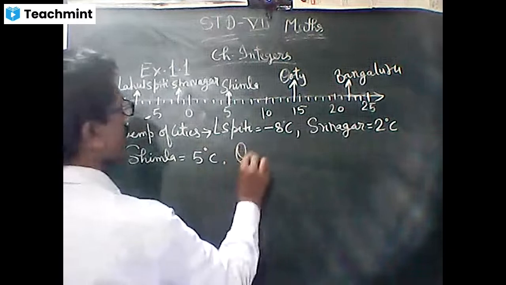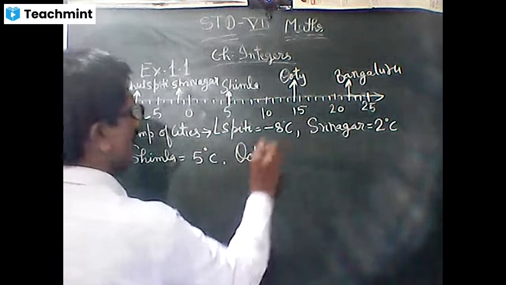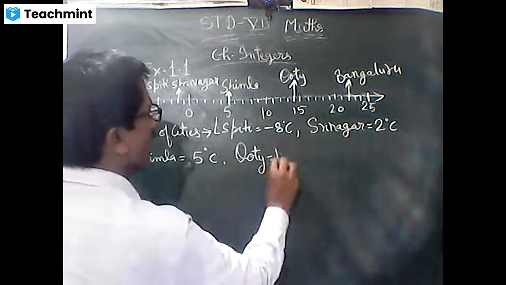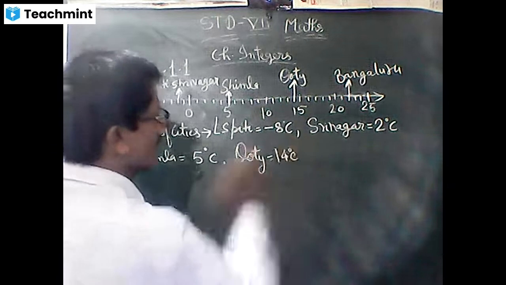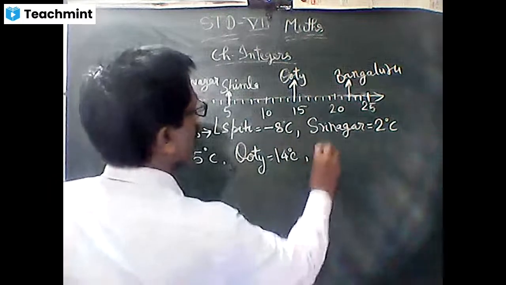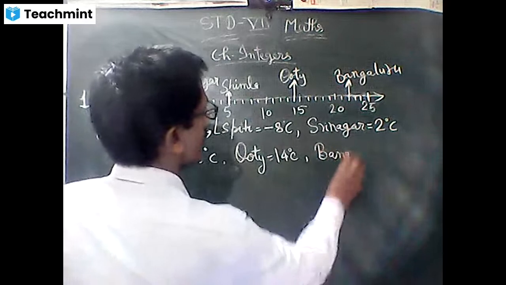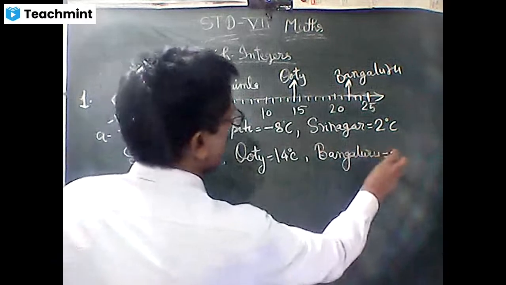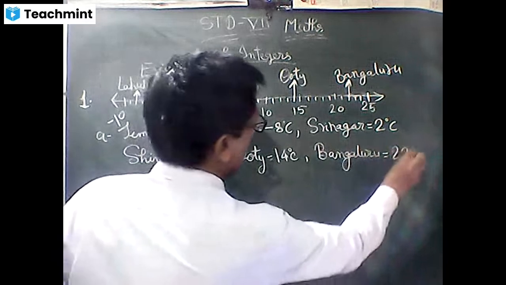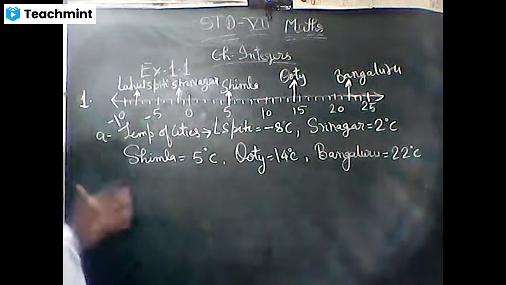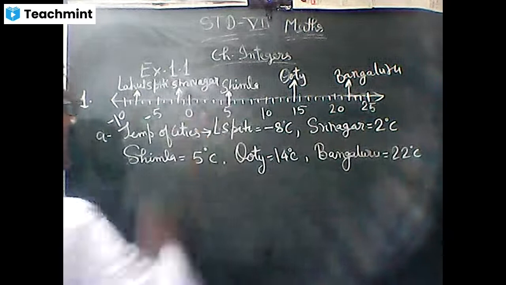Next city is Ooty, and the temperature is 10, 11, 12, 13, 14 degrees Celsius. And next is Bengaluru, that is 22 degrees Celsius. We can also write this in a table in the same way. Here we have to write only in linear form.